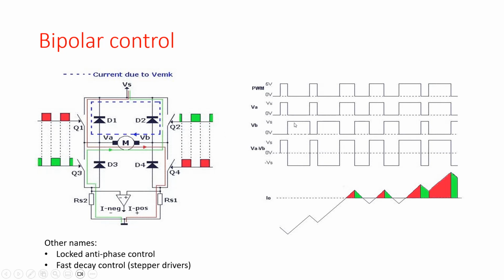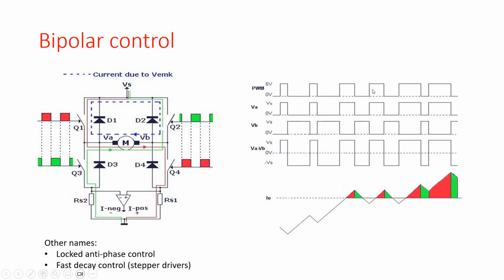In that case, VA minus VB equals a negative voltage across the motor, which is almost equal to minus the power supply voltage VS. That happens for all PWM values between a very small PWM voltage somewhat higher than 0 up to 100% PWM voltage.